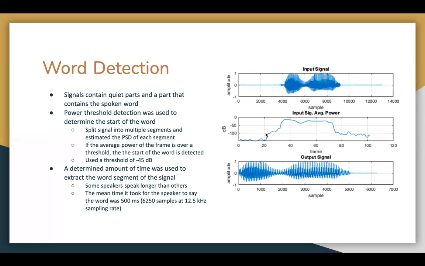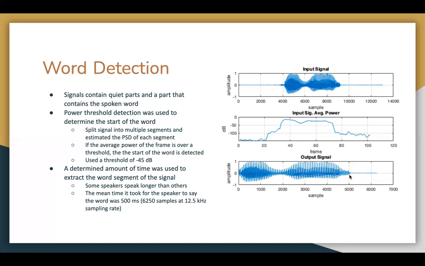Once the average power exceeds a certain threshold, we determine that to be the start of the word, and then collect the next n samples as the word. We used a threshold of about -45 dB to determine the start of the word, and then we used 500 milliseconds as the amount of time to collect for the word.